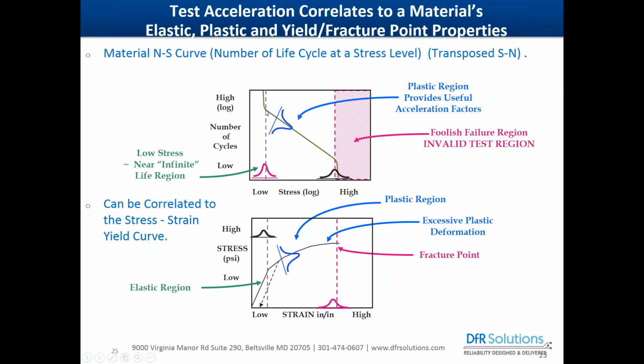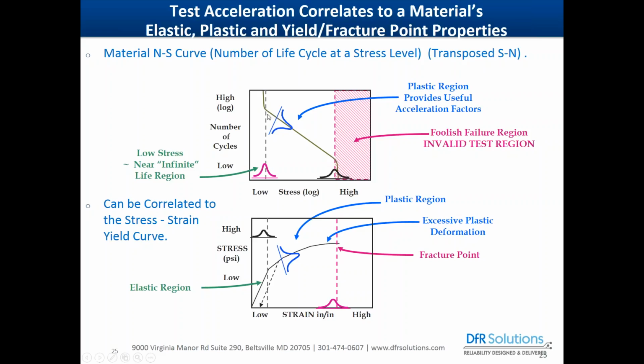But eventually you cross over from the elastic to the plastic range, and that's where we get plastic deformation. And as we go higher up on the stress strain curve, we get more damage per cycle, which increases the acceleration rate of damage per cycle in our accelerated life test.